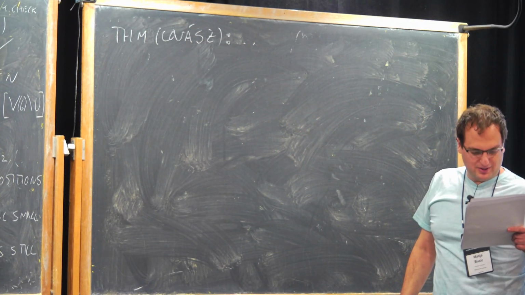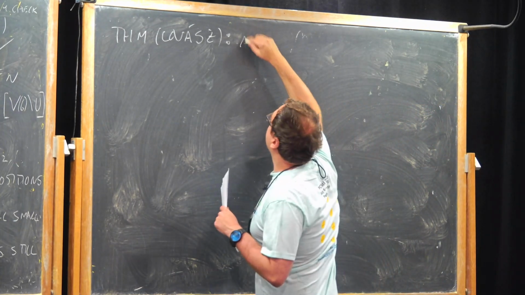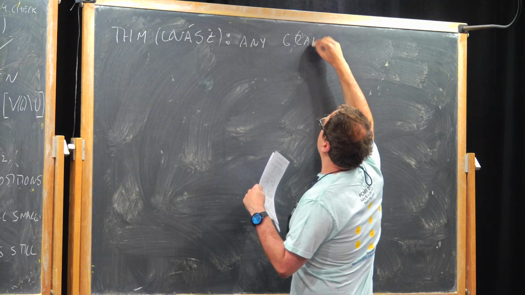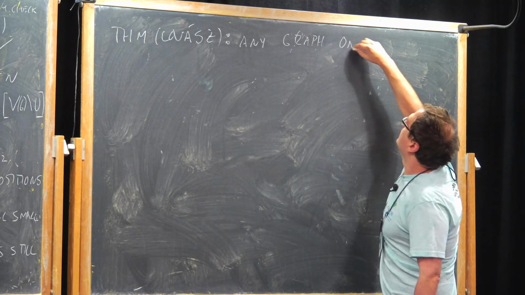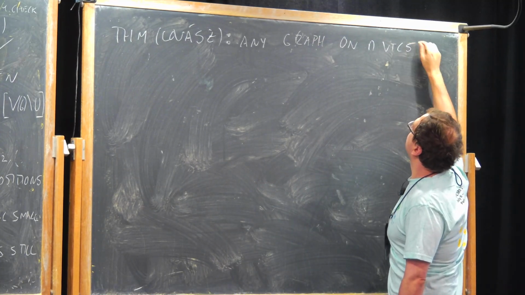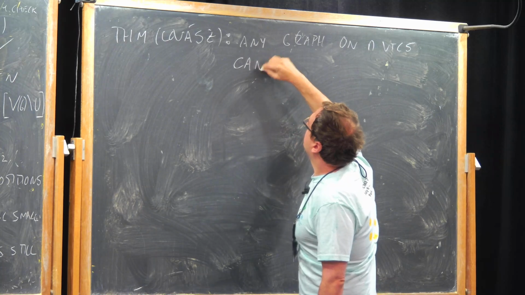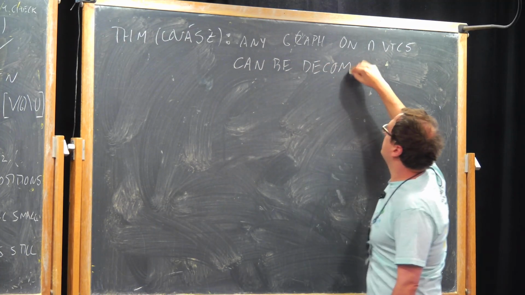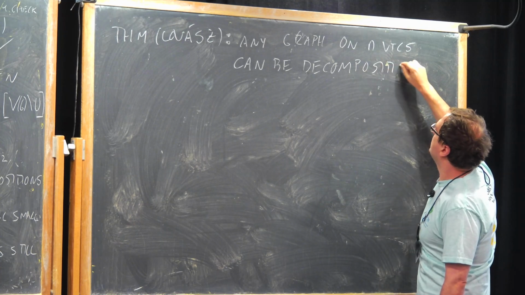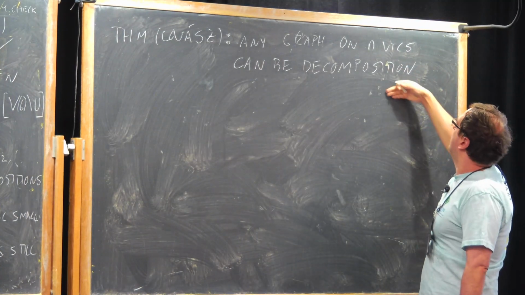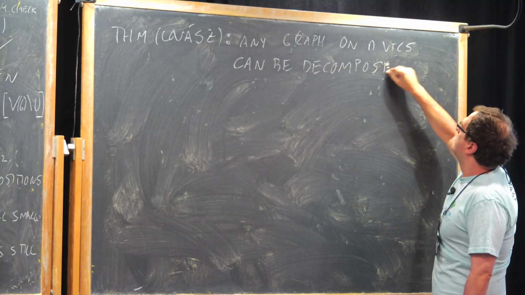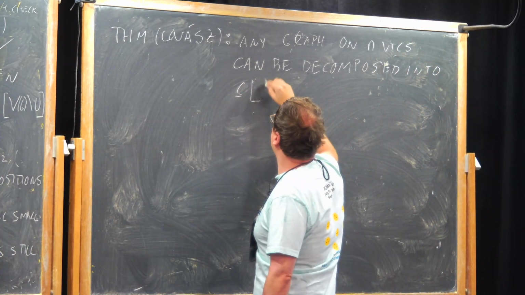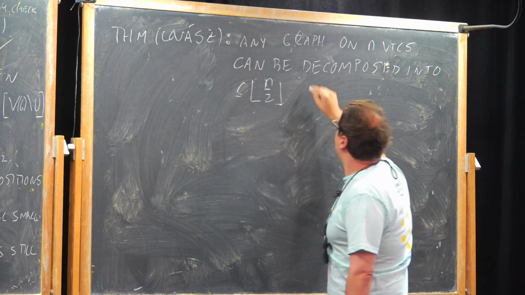So what he proved is that any graph on n vertices can be decomposed, and I always mean edge decompositions. I said this last time, and I will not be writing it, but I do mean it. It can be decomposed into at most floor of n over 2 paths and cycles.